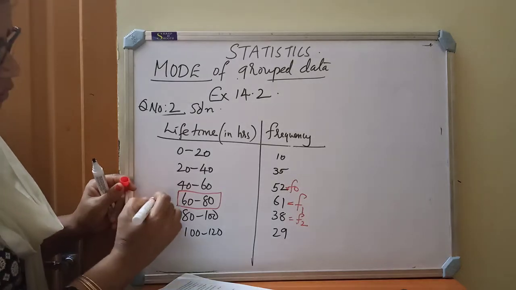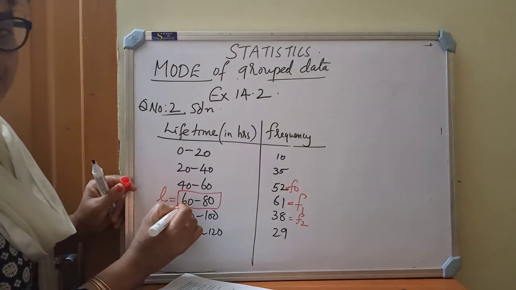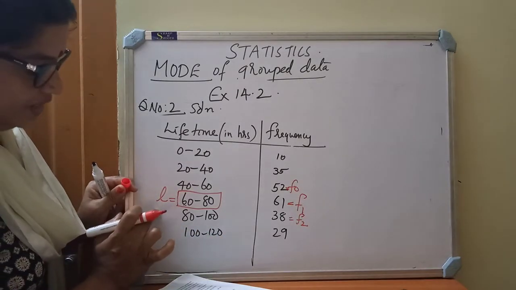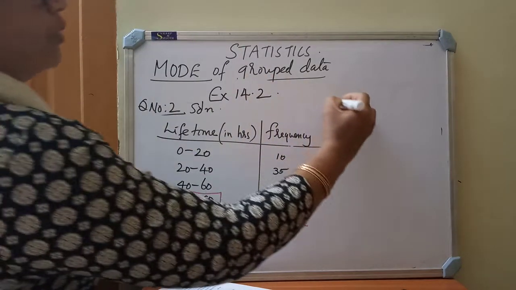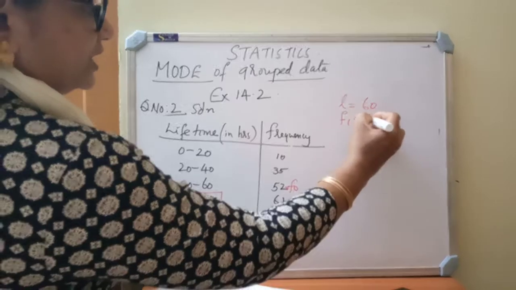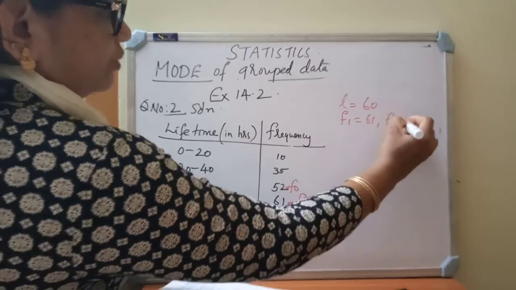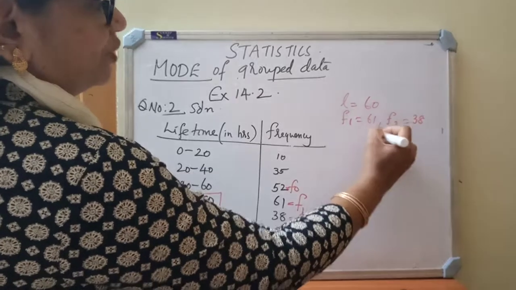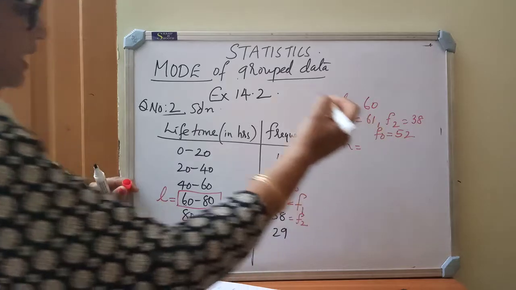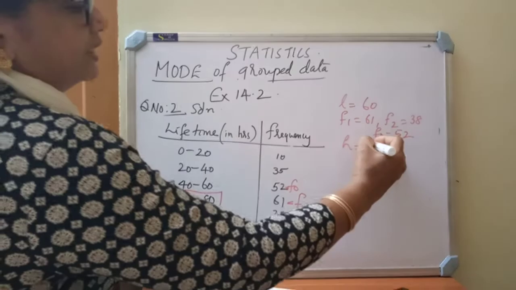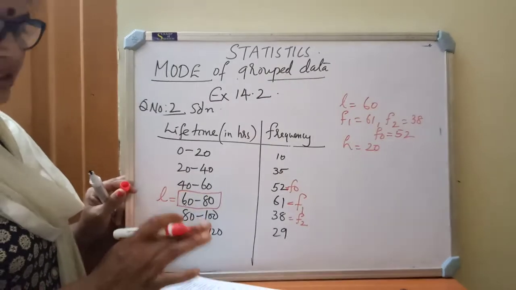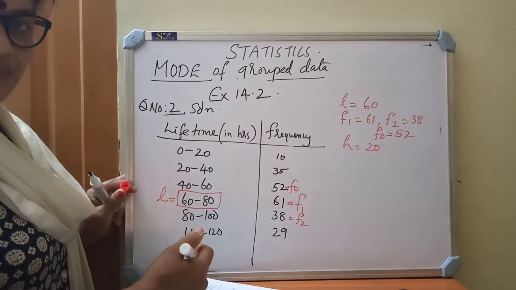So the lower limit of the modal class is 60. In the table data itself, you can identify L equal to 60, F1 equal to 61, F2 equal to 38, F0 equal to 52. Then H equal to class size, 0 to 20. What will be the class size or class width? 20. So these are the data. Then finding mode is very easy for you, isn't it?